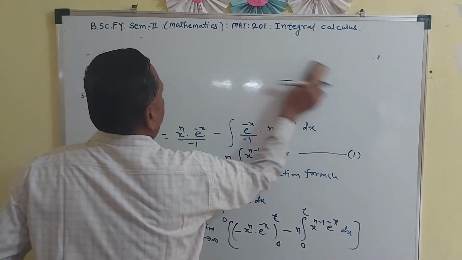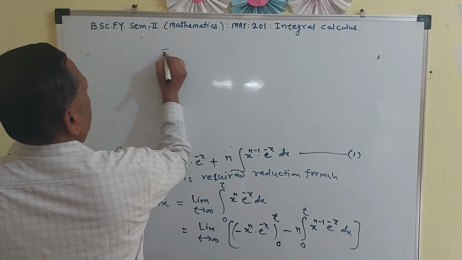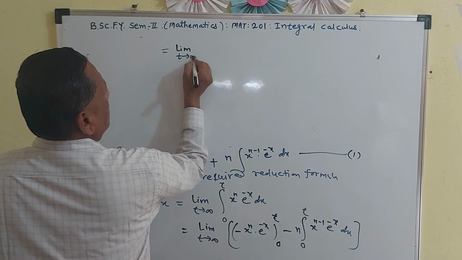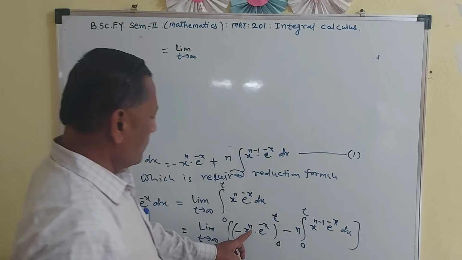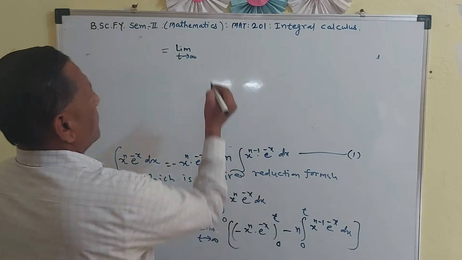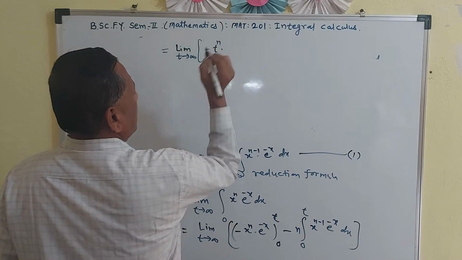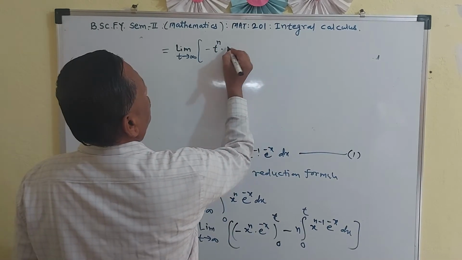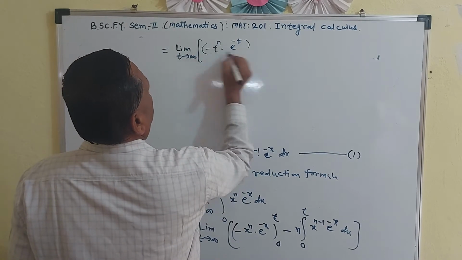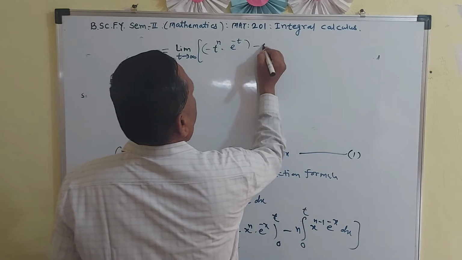So is equal to limit as t tends to infinity. Here you replace x by t, then minus t raised to n into e raised to minus t, then at x equal to 0 it is 0.